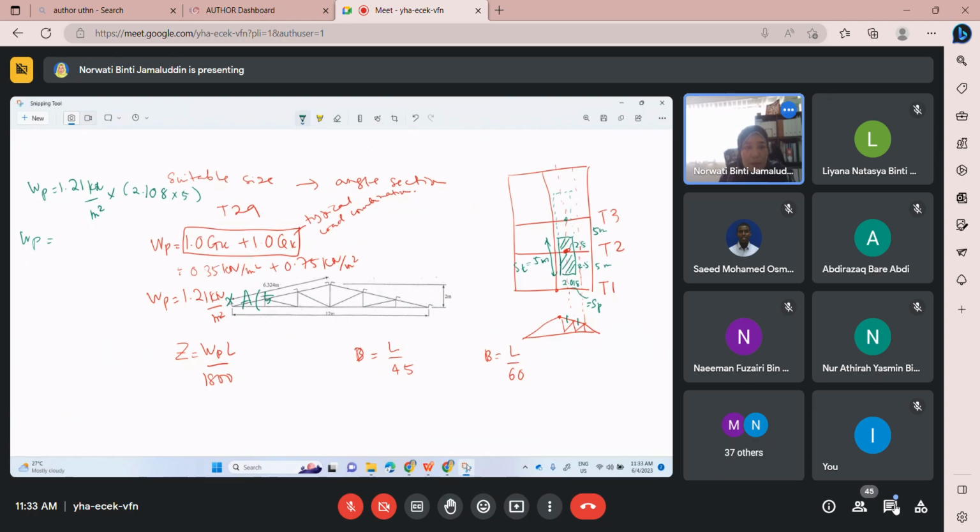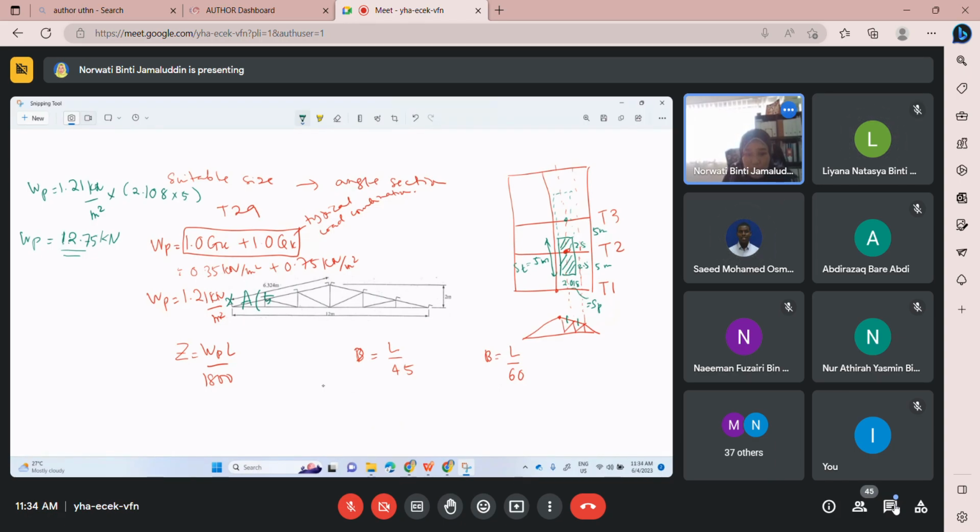WP in kilonewton? 12.75, Doktor. Yeah, 12.75.